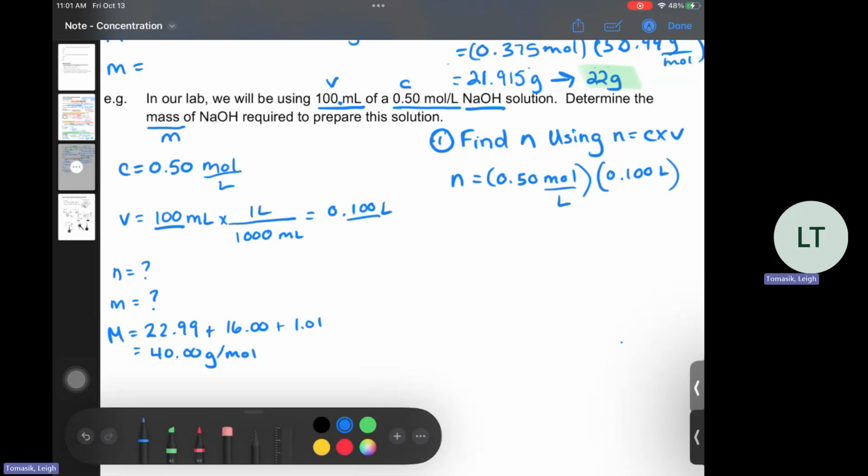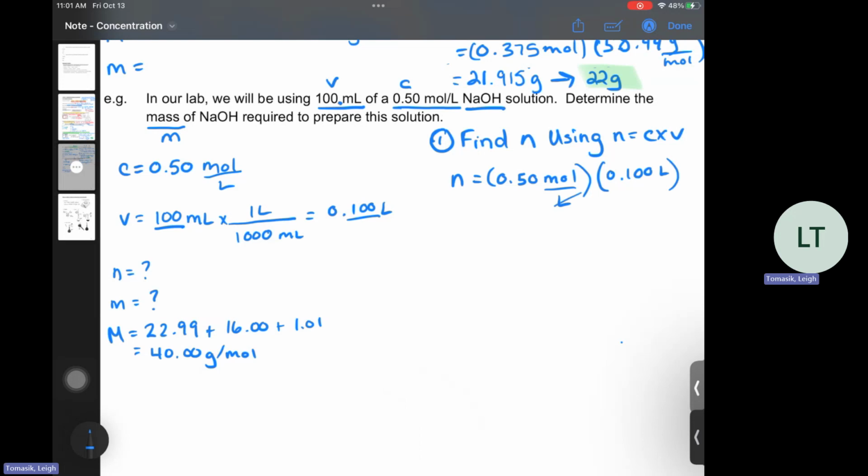And the reason why we needed to put it in liters is, of course, so the liters cancel out when we multiply. And so we are going to get n equals 0.05. How many sig figs are we going to need? We're going to need 2. 0.050 moles.